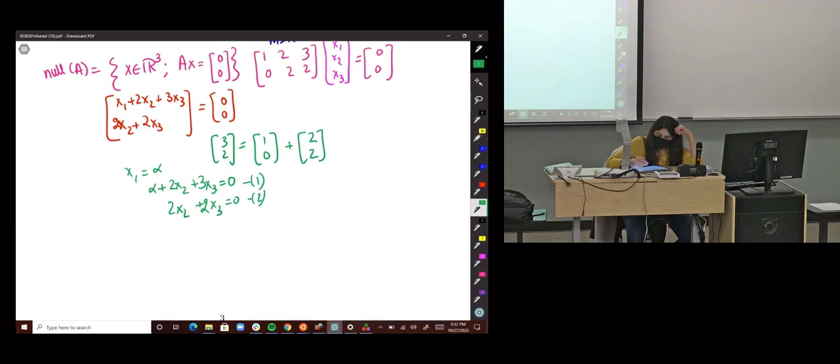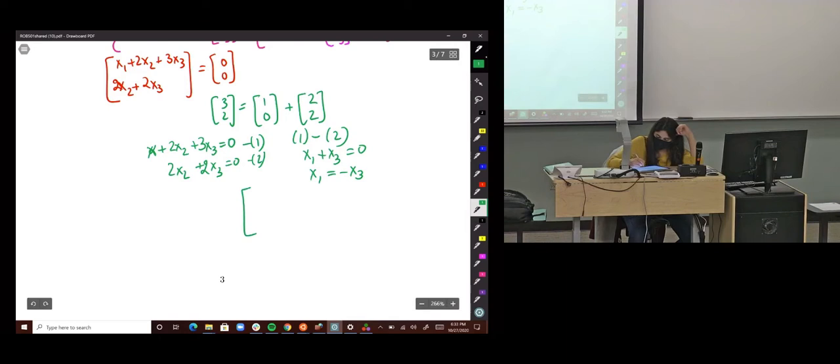And I get, let's leave it x1 actually. And then I do equation 2 minus equation 1, or 1 minus 2 actually, it would be easier. 1 minus 2. And this becomes x1 plus x3 equals 0. I get x1 equals minus x3.